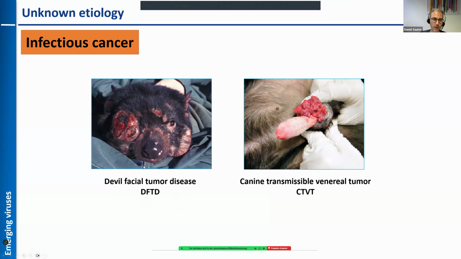So what are they? So these Tasmanian devils suffer from the so-called devil facial tumor disease, which you can see here. Essentially, that's a transmissible tumor. So when these Tasmanian devils get involved in fights, they may bite each other. And then some of these tumor cells from an infected individual may be transmitted to an uninfected individual.